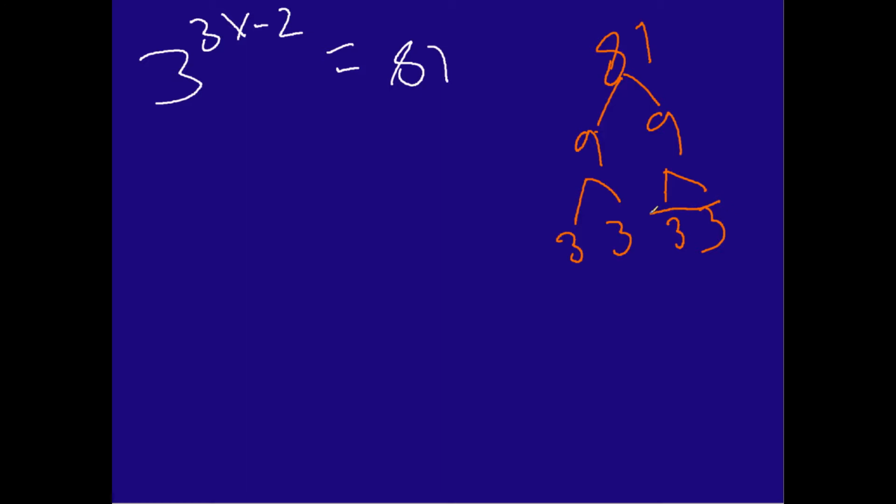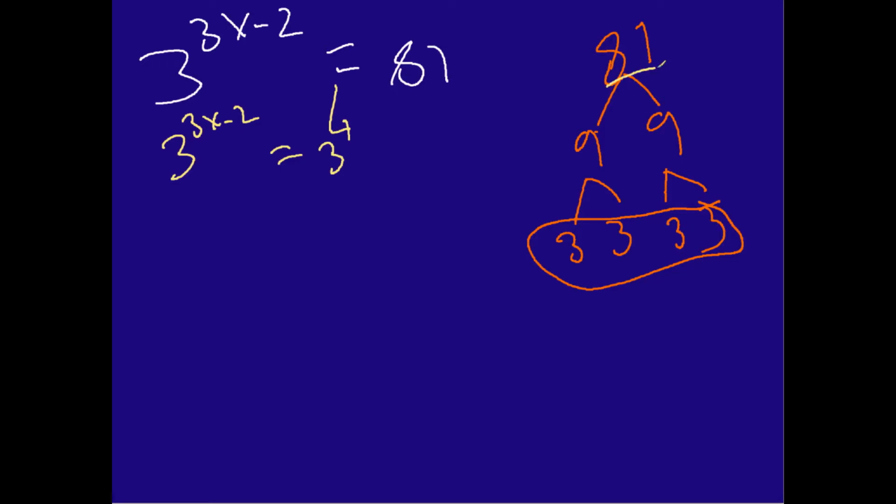Now here I cannot go any lower, so I know that another way to get the number 81 is to have 3 to the 4th power, because I have 4 3's here. So in other words, if I were to simplify my current equation, it would be 3 to the 3x minus 2 power equals 3 to the 4th power, because if I multiply 3 four times, I'll get right back to my answer of 81.